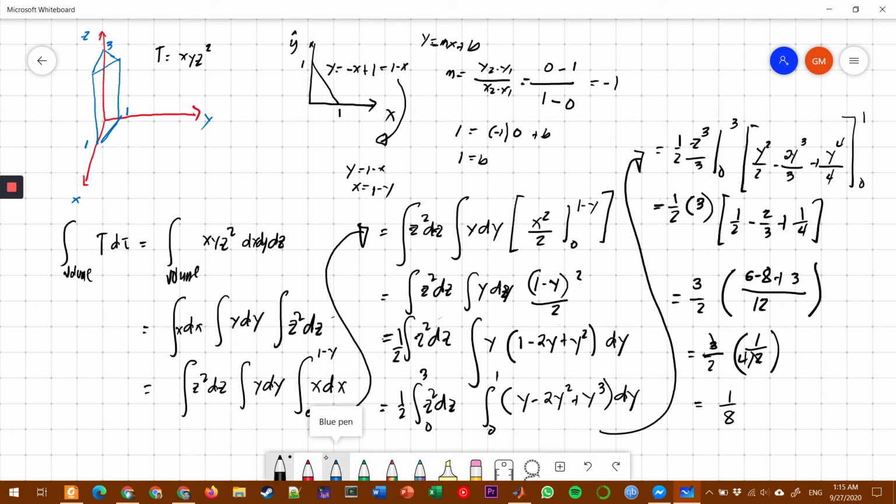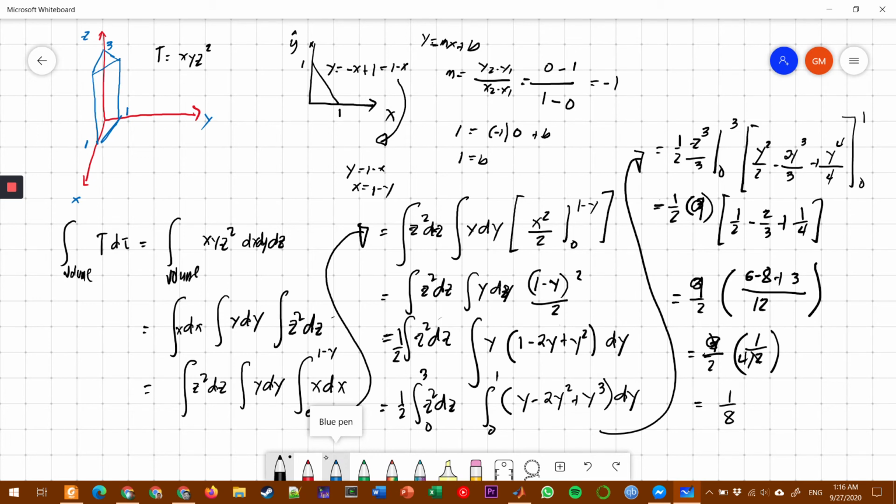So when I evaluate, we have 3 cubed. 3 cubed is actually 27. So 27 divided by 3, this is 9. I'm sorry about that. This is 9.